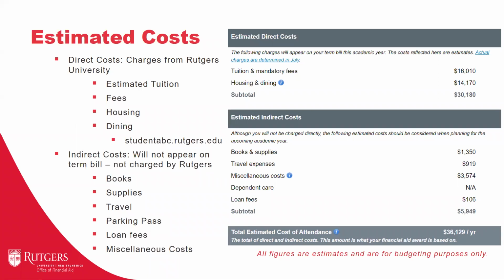Next, on the offer letter, we have the indirect costs. These are costs that will not appear on the term bill because they're not charged directly from the school. These are your books, supplies, travel, parking pass, loan fees, and miscellaneous costs. For the loan fees, this is not something that you will have to pay separately out of pocket.